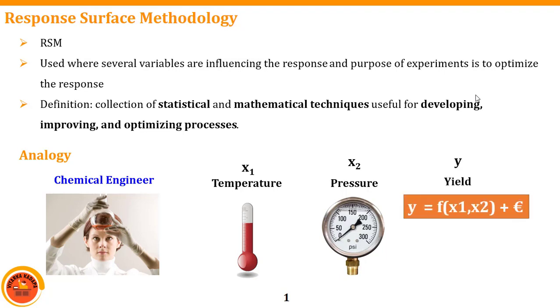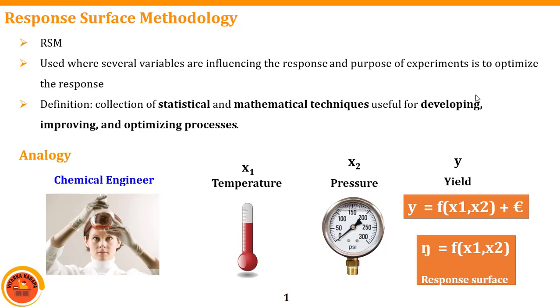So the yield will be represented in terms of input functions, that is the reaction temperature and the pressure. We will take the same example in the mathematical calculation demo also. So temperature and pressure are going to be used. The yield is a function of temperature and pressure, and apart from that we will have some epsilon, and that is represented as the response surface.